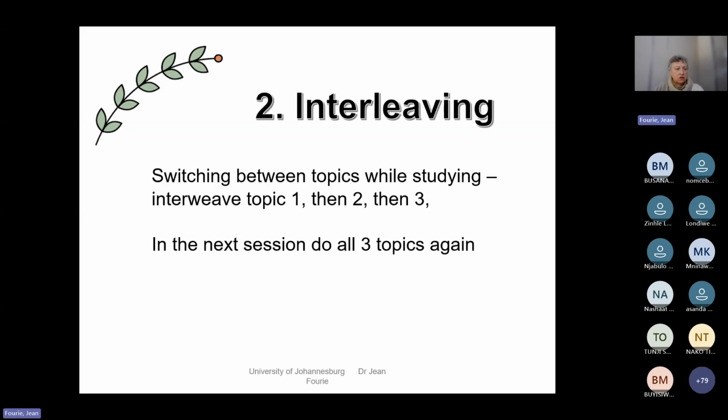The second strategy is called interleaving, or interweaving sometimes. And this is very useful for teachers where we are teaching lots of different topics. We can't teach one topic and then wait for a whole week and then teach another topic.